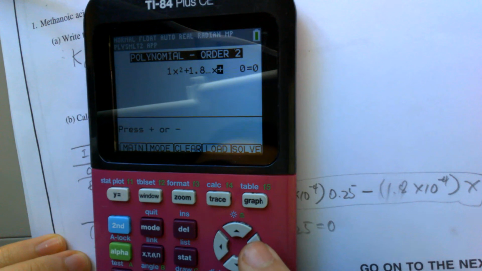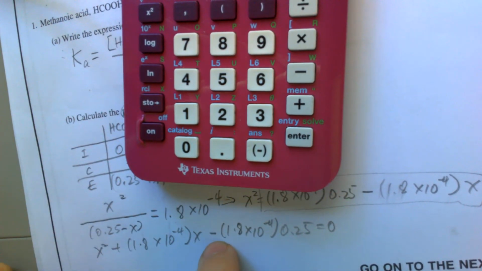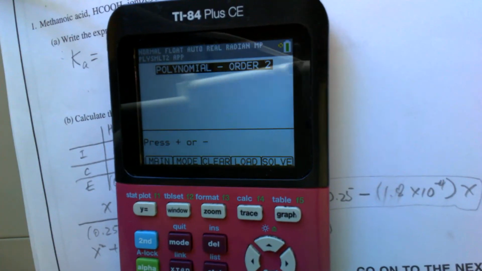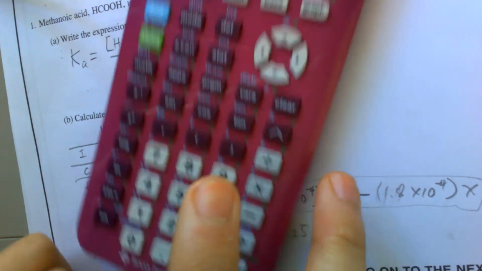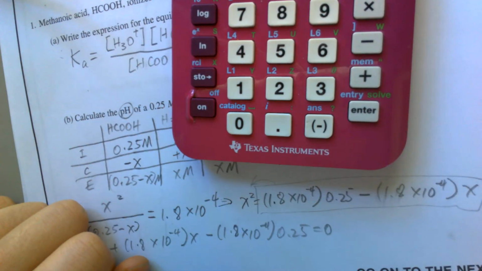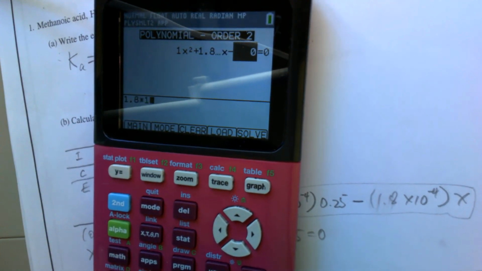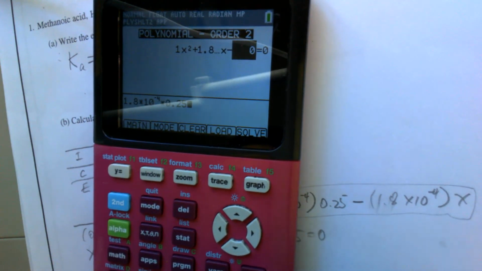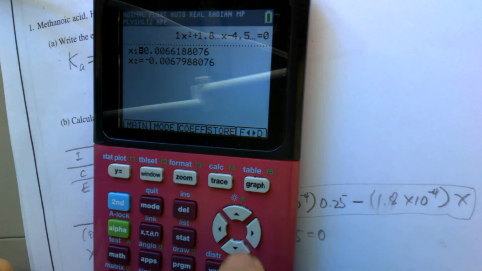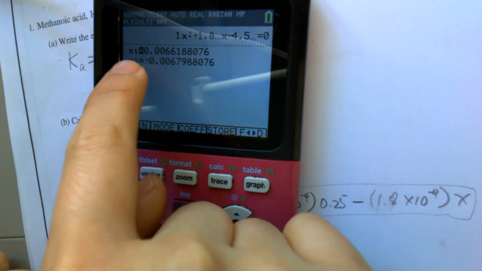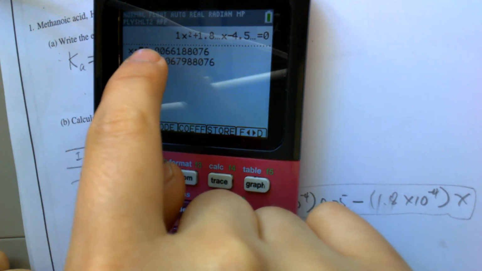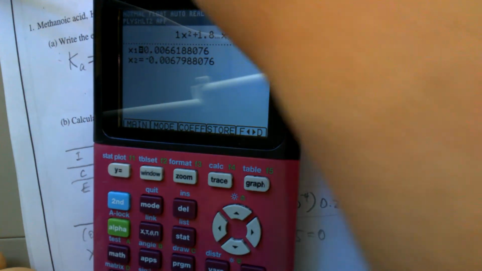And for the next one, the sign for the constant is negative, so we put negative, and then the constant is 1.8 times 10 to the negative 4 times 0.25. Click solve, and the final answer for x is 0.0066.